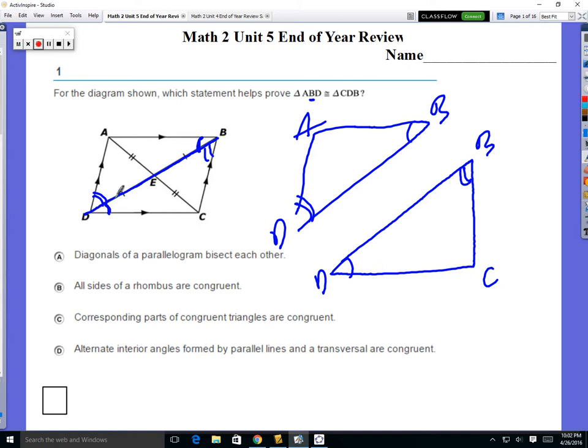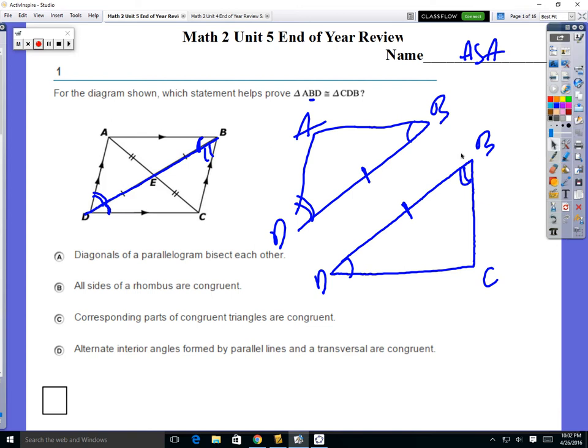And we know BD is congruent to BD. So here's what we've got. We have an angle and then a side and then an angle. So these 2 triangles are congruent.